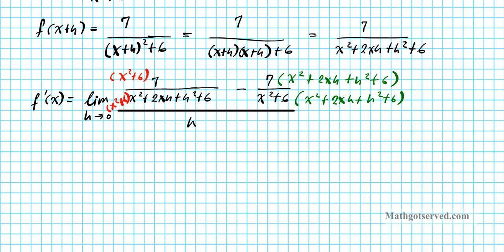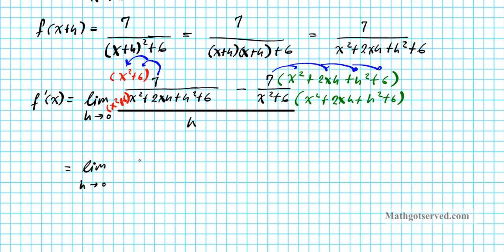completely. So this 7, I'll distribute it to this 6 and the x squared. And then on the right side here, we have a negative 7. So I'm going to distribute this 7 to all these terms right here. And then the denominator, I'm going to do double distribution, all right? So let's start with the numerator. So in the numerator, I'm going to have the limit as h approaches 0.